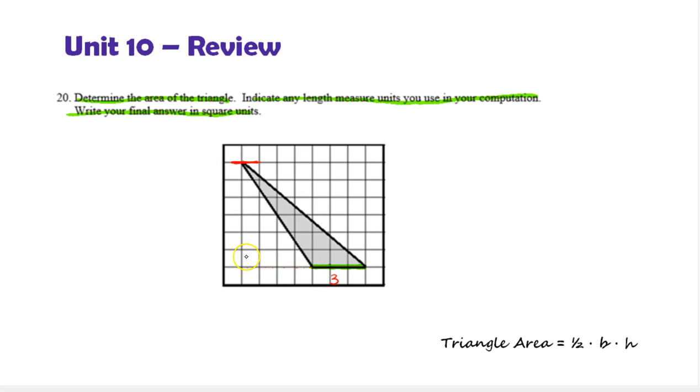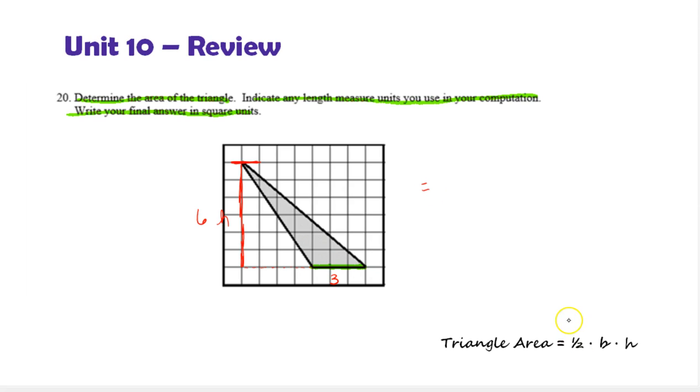I'm going to move over and then find this distance. This distance here is the height, going straight up from the same part as the base. So we go up 1, 2, 3, 4, 5, 6. So our height is 6.